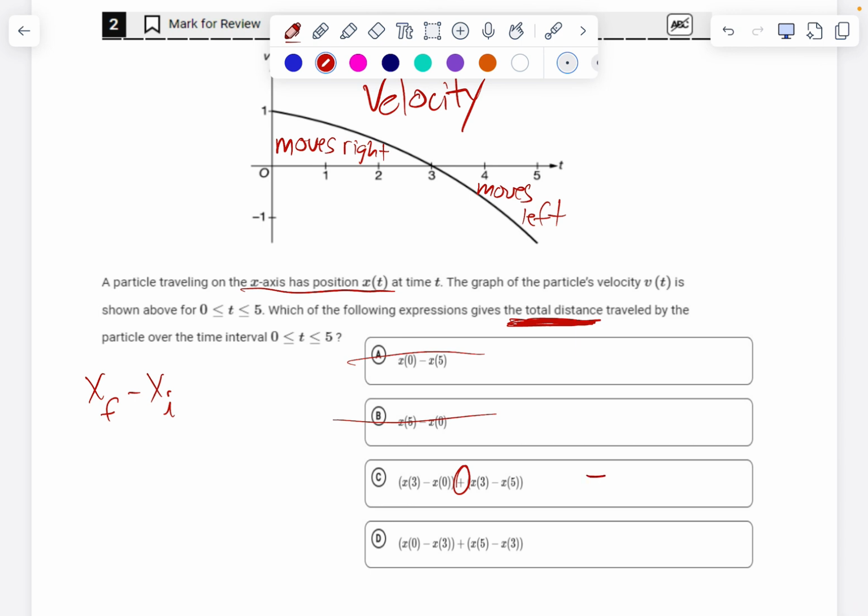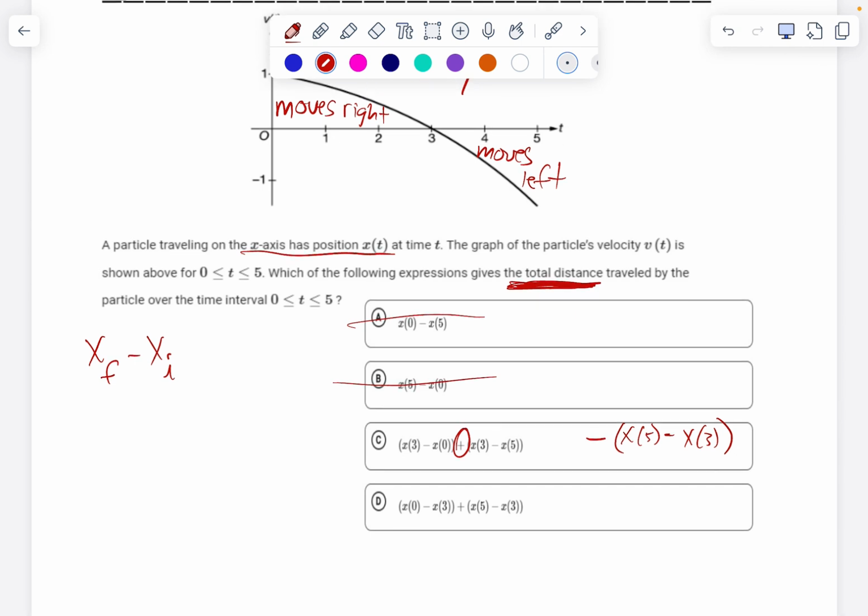So this could say minus x of 5 minus x of 3. That's the way that we should write it because that's final minus initial. But if we flip it, now we can say plus because this result would be the opposite sign of the one given. Is everybody following what I'm saying? In other words, if we read it backwards.